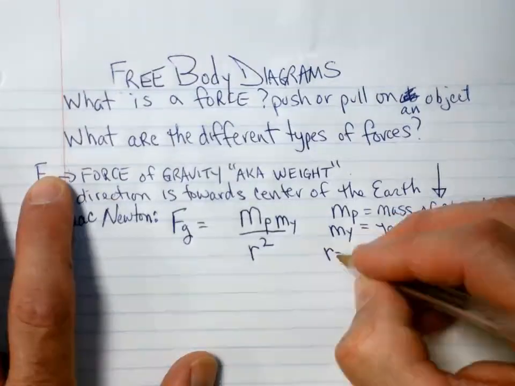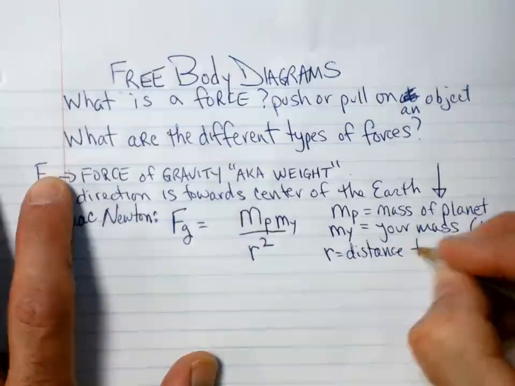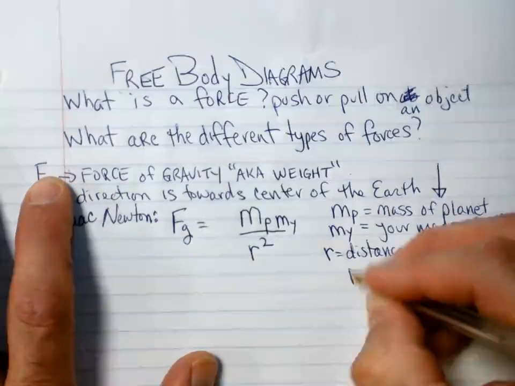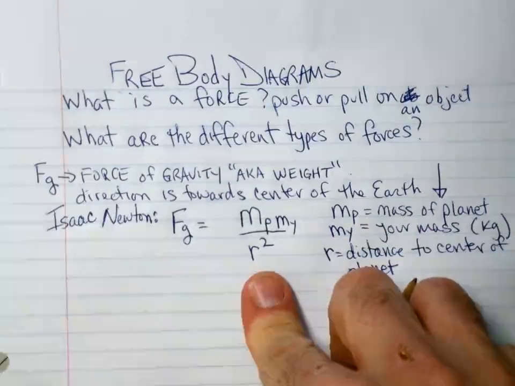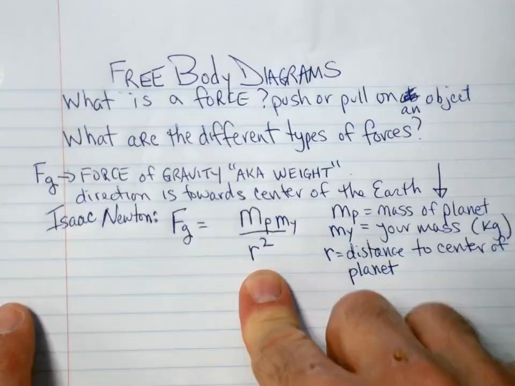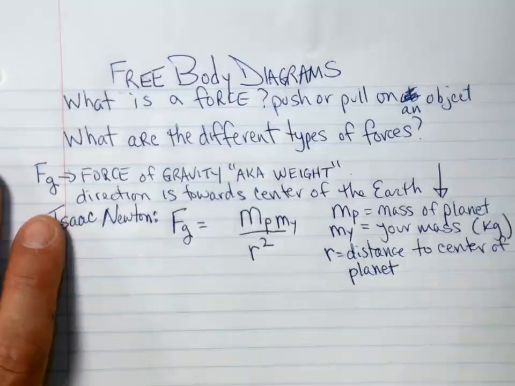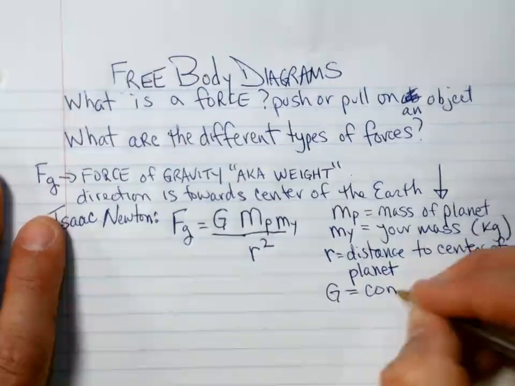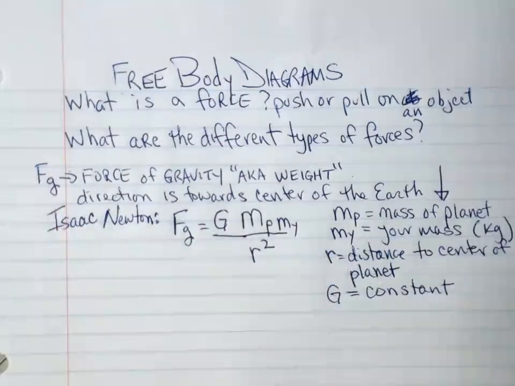And r is distance to center of planet, and we're squaring it. But we'll learn that that square is something pretty special in January or February. And we're missing one letter, and that would be a big capital G. Big capital G is a constant that pulls it all together and makes this an equal sign.